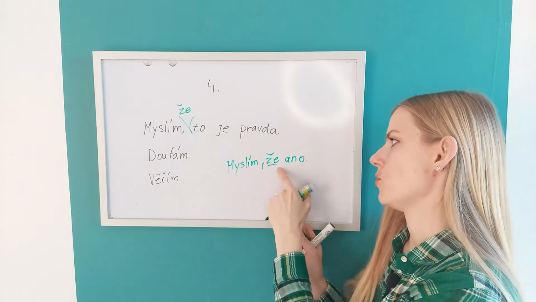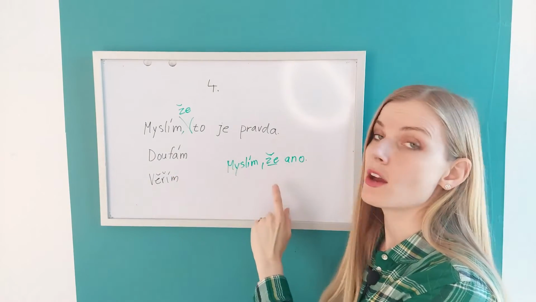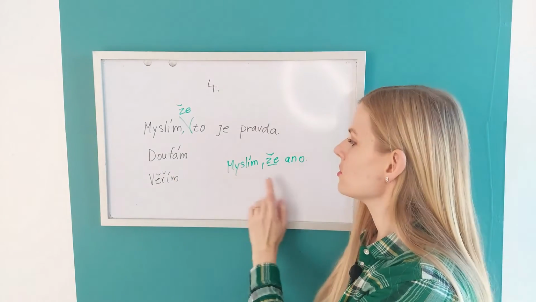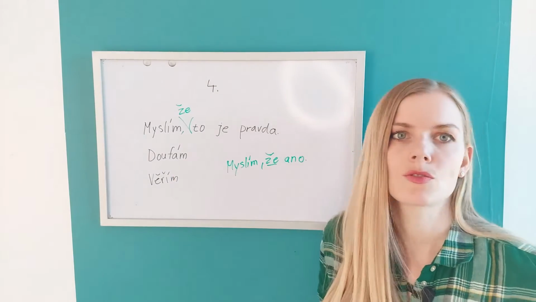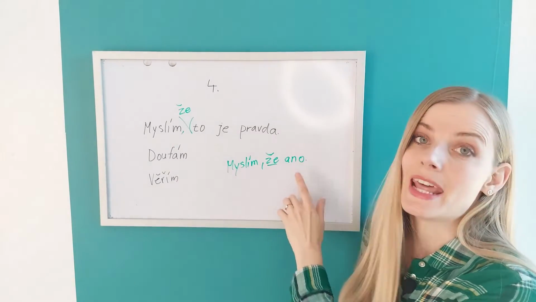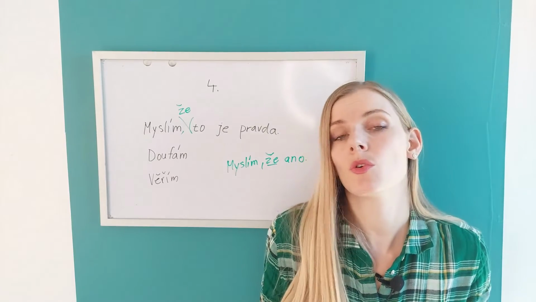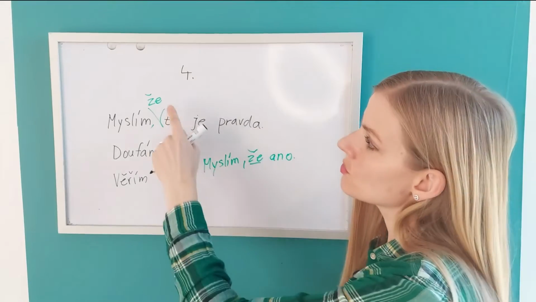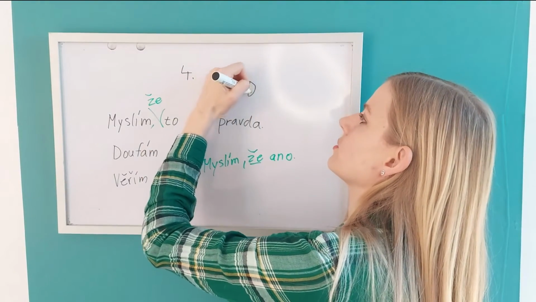I think so. The same here. If you want to say I hope so, you would say doufám, že ano. Věřím, že ano. I believe so. The same if you wanted to say I hope not. Myslím, že ne. And what happens if you simply want to say I hope and you're not mentioning anything after? You don't say že. You only say doufám.